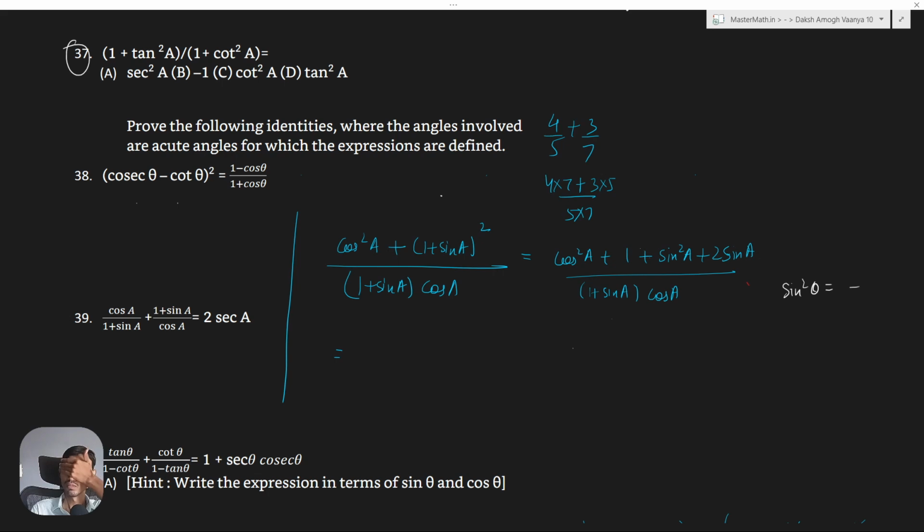Next step is 2 plus 2 sin A by cos A into 1 plus sin A. How did you get this 2 from? Cos square A and sin square A would become 1, and there is an additional 1 present already. So 1 plus 1 is 2. 2 plus 2 sin A.